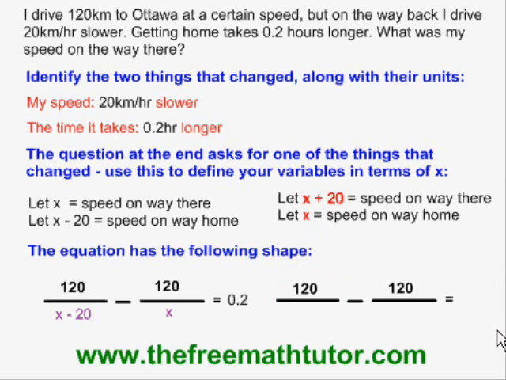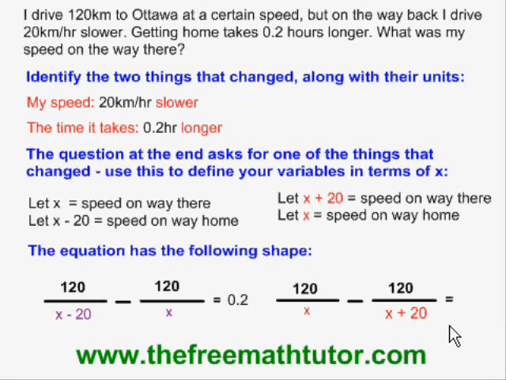Again, the distance 120 goes in the numerator, and the x plus 20 and the x will go in the denominators, but I'm going to need to put x plus 20 over here and x in this fraction on the left if I want my equation to work.